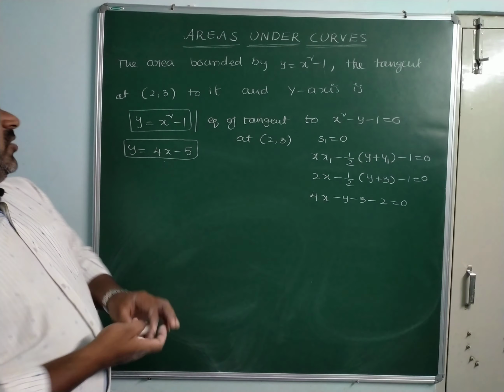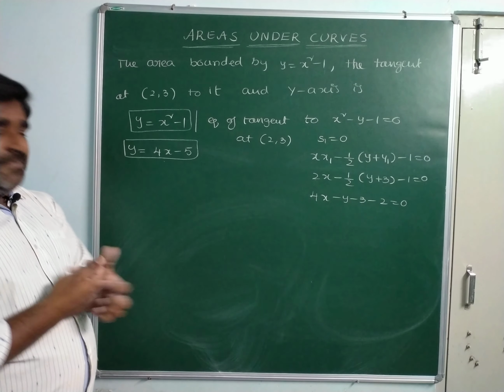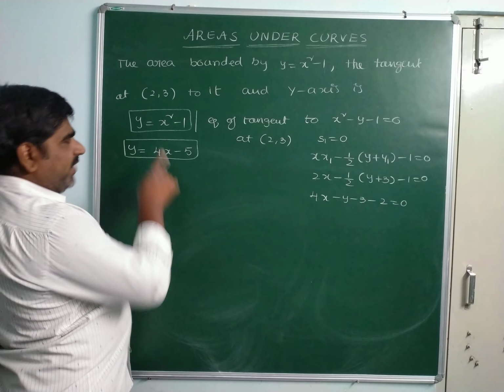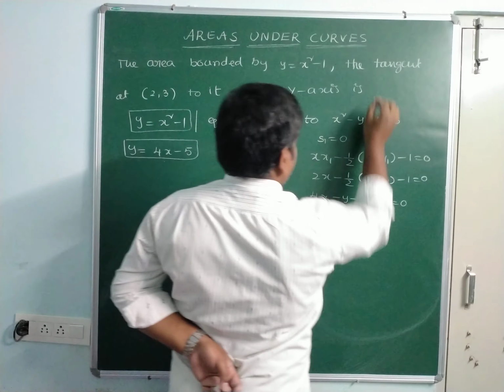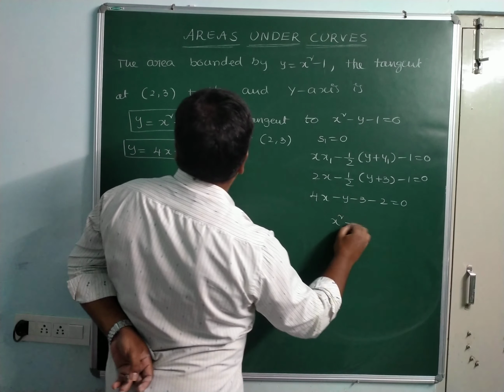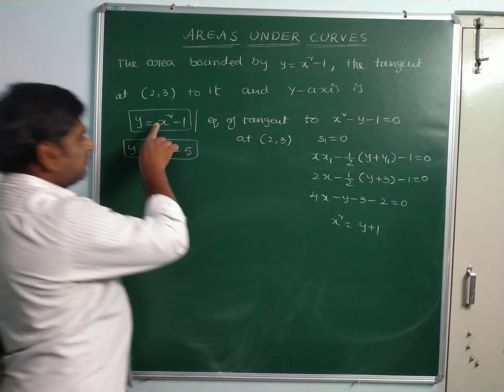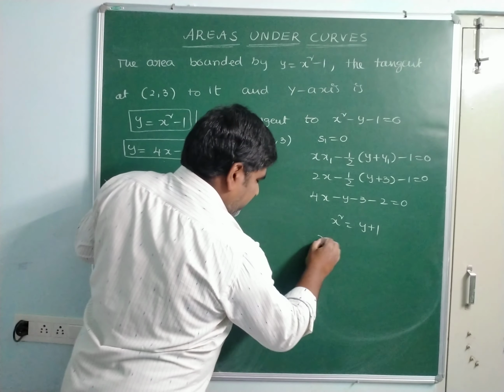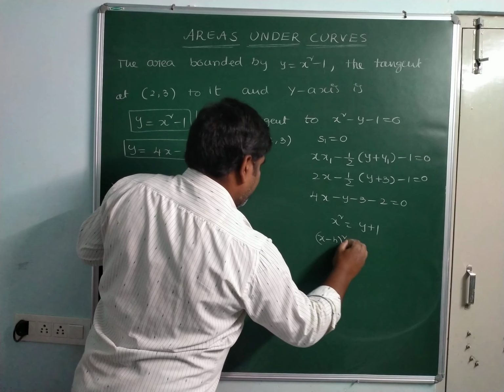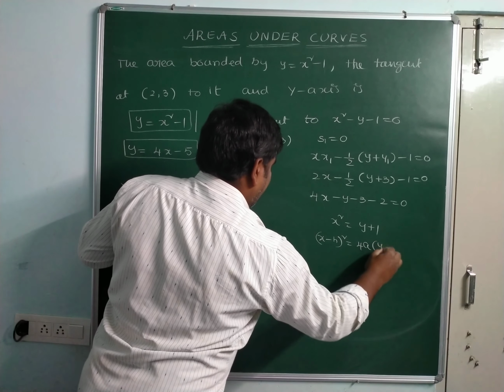Clear or not? Okay. So now let us trace the curve. So y equal to x square minus 1. To trace the curve, write like this: x square equal to y plus 1. Again, as I said just now, this is of the form x minus h whole square equal to 4a into y minus k.